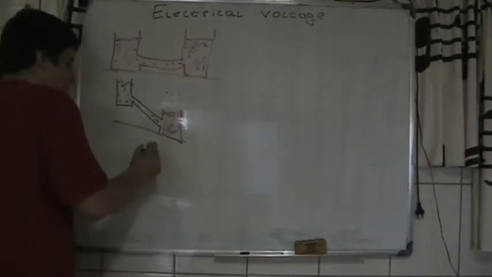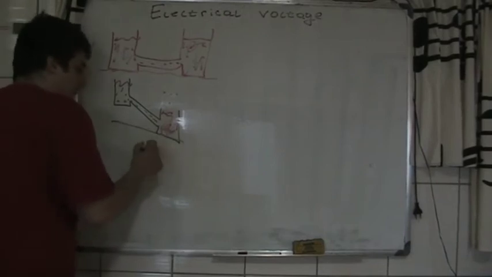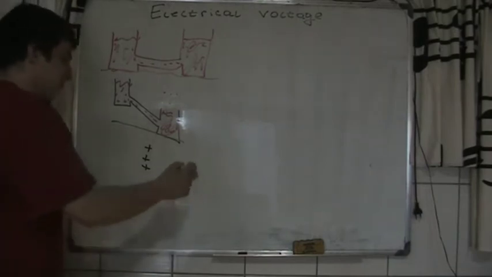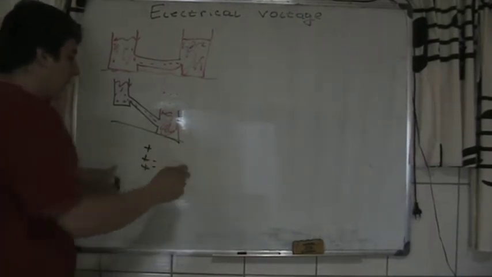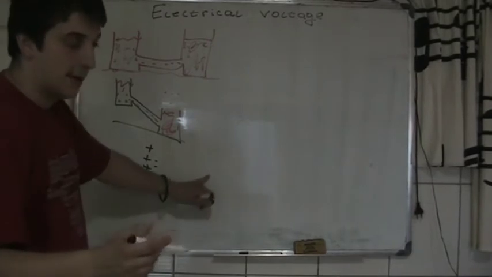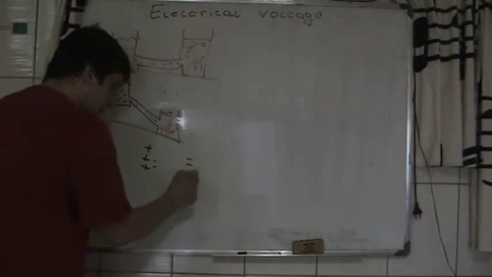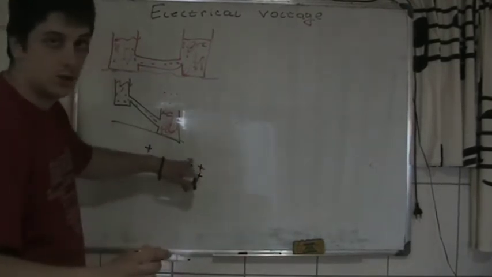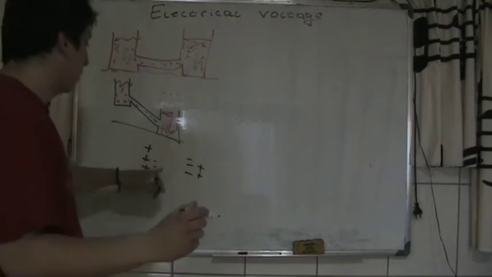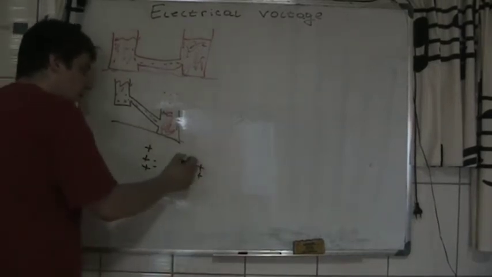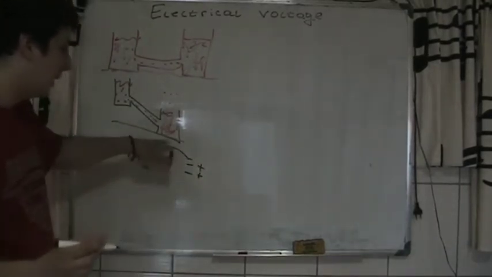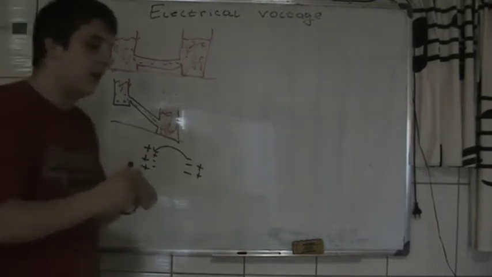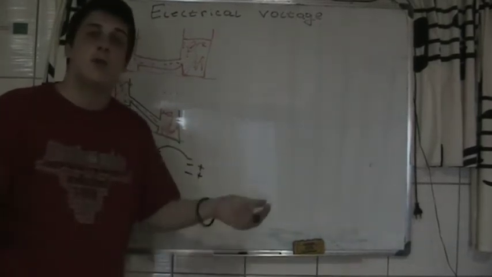For example, say we have an ion that has more protons than electrons, and a second ion that has, for example, 3 electrons and 2 protons. This one electron wants to flow here, and so it will become an atom. They want to come into balance.